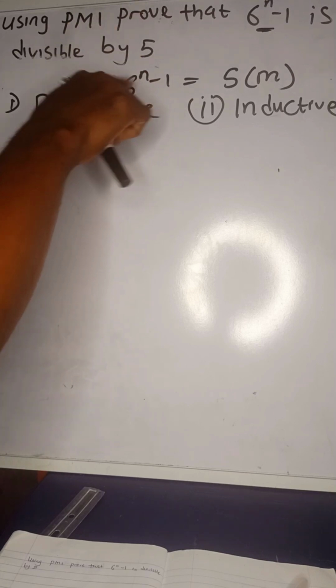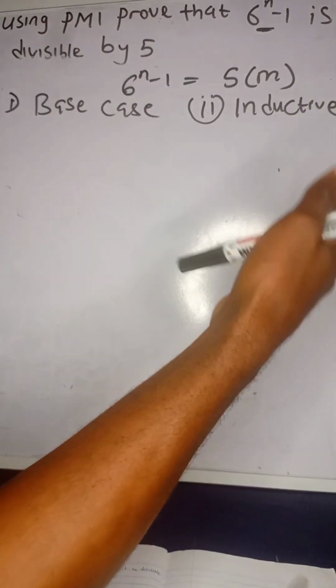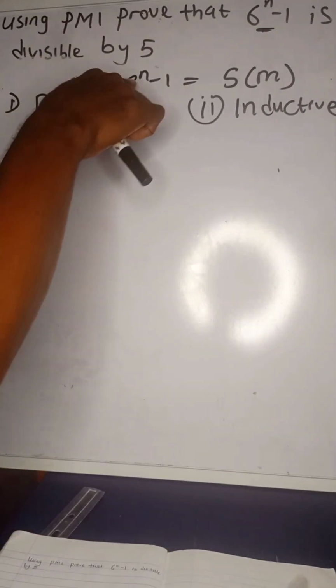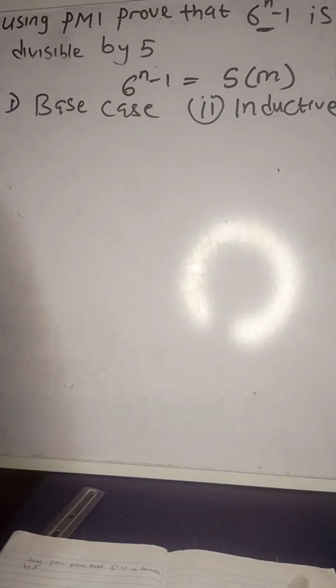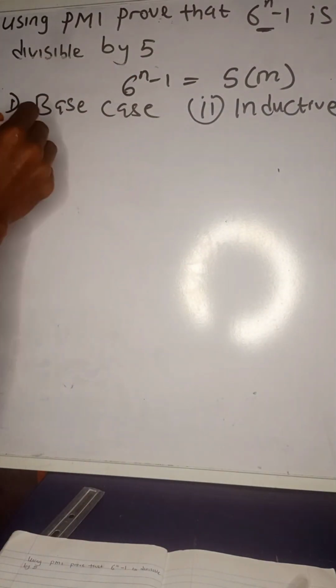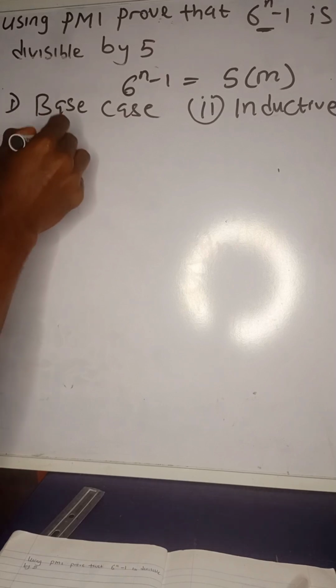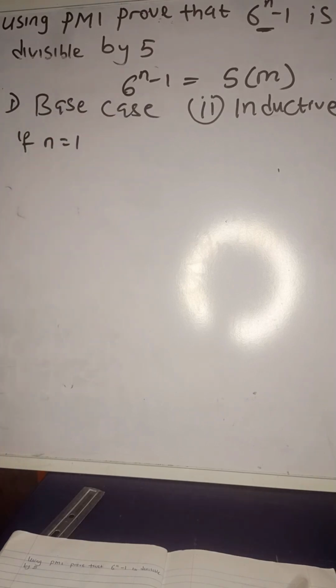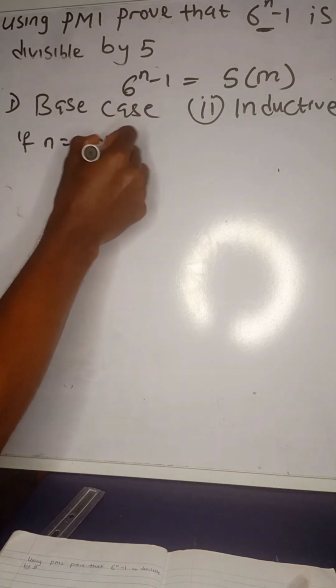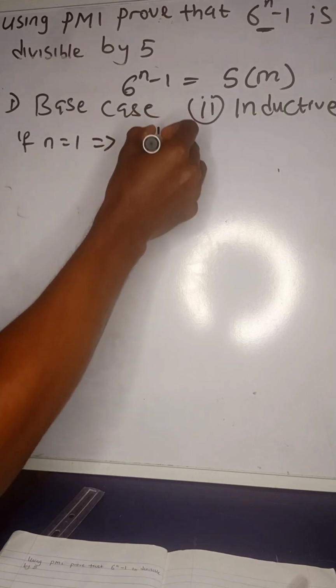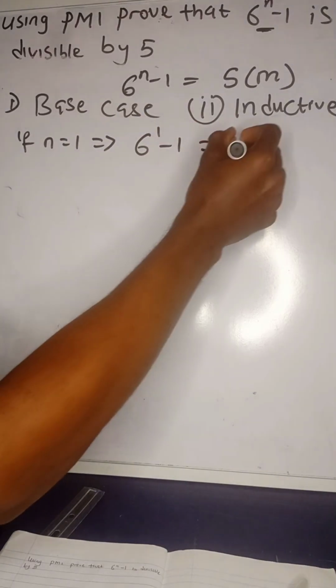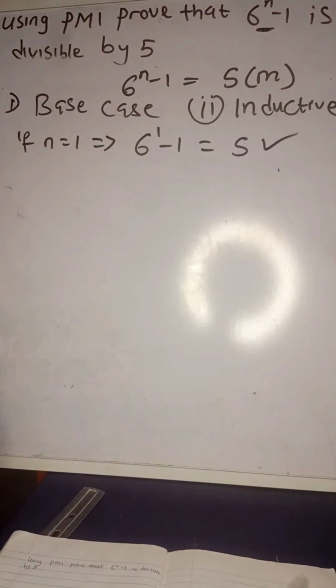So in the place of n we have 1. Is it divisible by 5? That's what we start to prove. If n is equal to 1, we have 6 raised to the power 1 minus 1, which gives us exactly 5. Of course, this is divisible by 5, so this is correct, right?